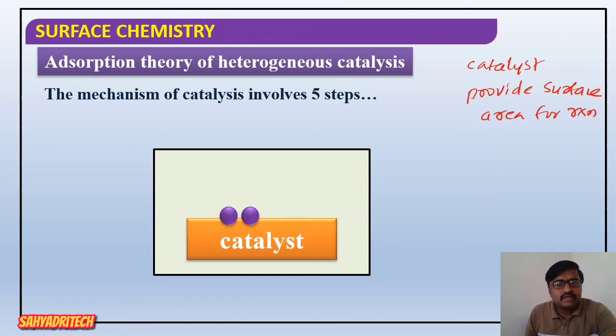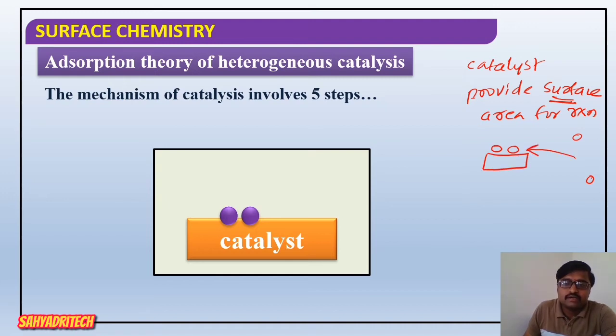To make the reaction occur, the catalyst is going to provide surface area. On the surface of a catalyst, reactant molecules come closer to one another. Before diffusion, reactant molecules are far away from one another. Once they diffuse on the surface of a catalyst, the reactant molecules come closer enough to interact with one another.